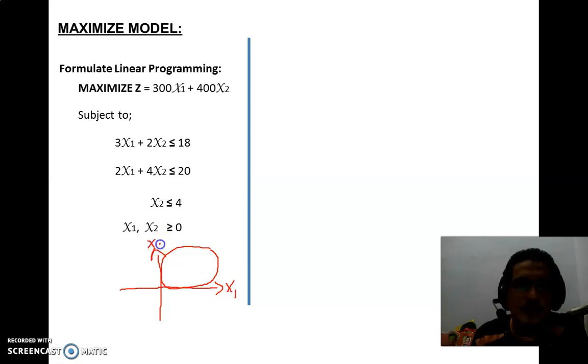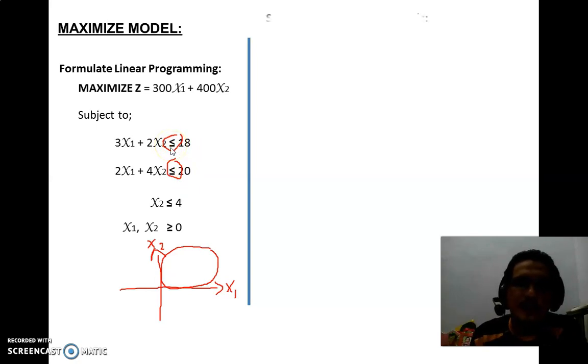Our analysis only focuses on the first quadrant. The other important thing here is the less than or equal symbol. Since the material maximum is 18 and 20, it must be less than or equal.